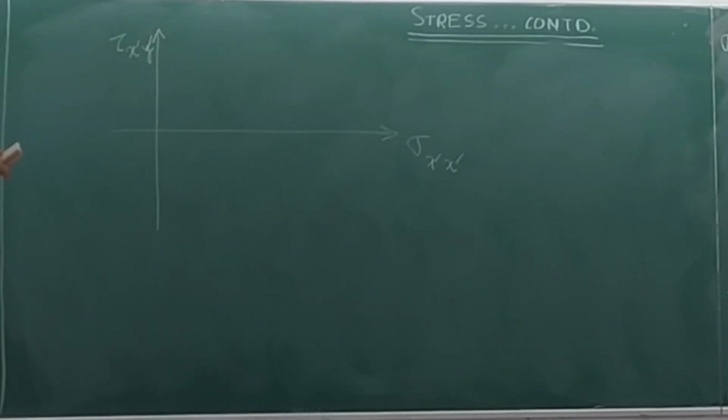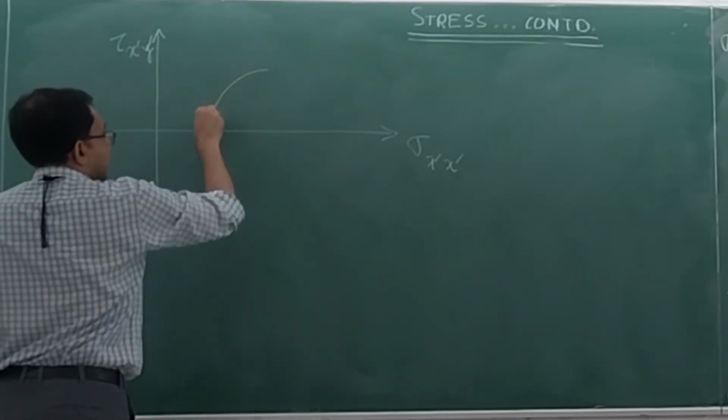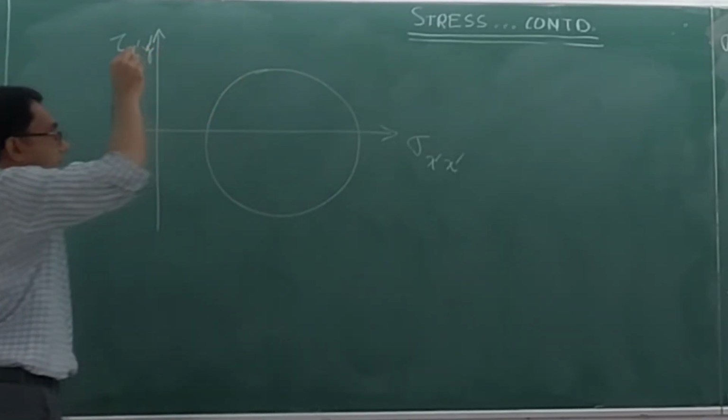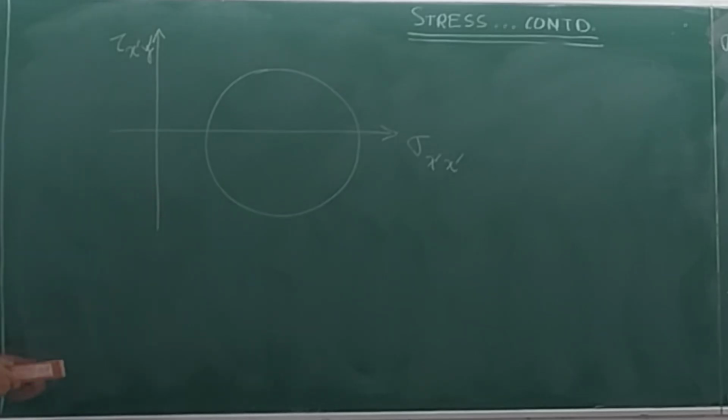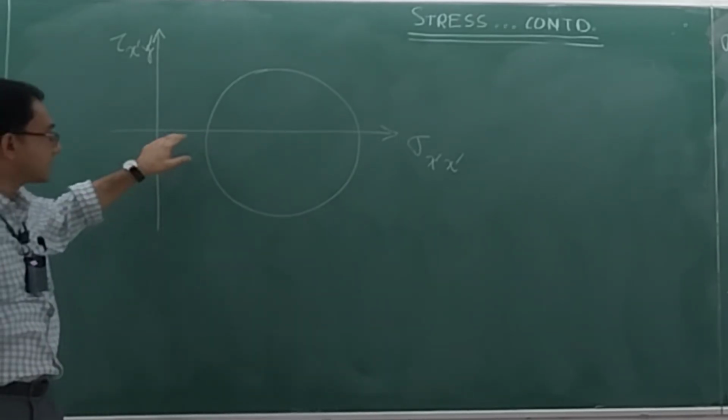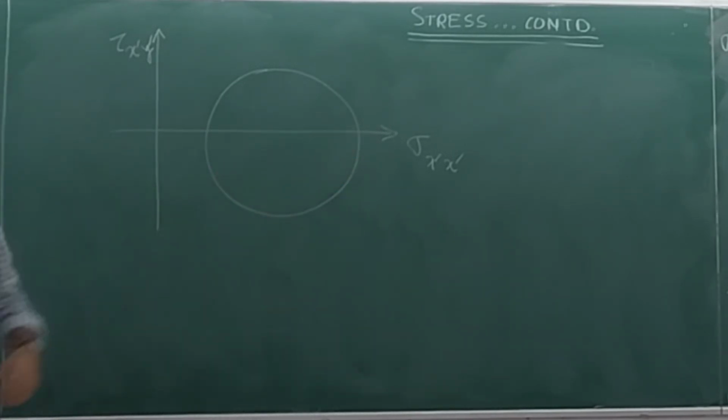It will not lie on the origin. If it is 0, then it is on the origin. So now the circle will look like this. Please accept that this is a circle, and that this is a diameter.